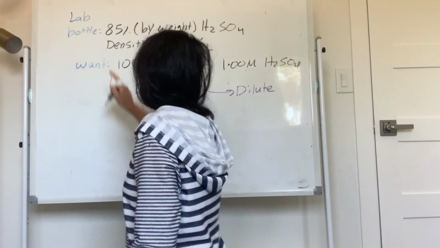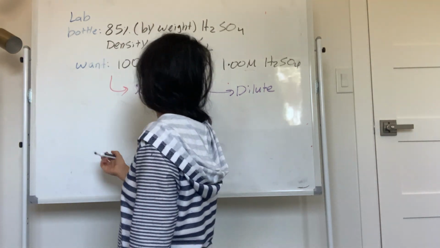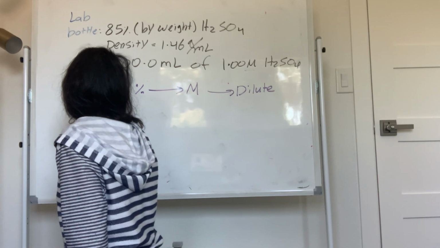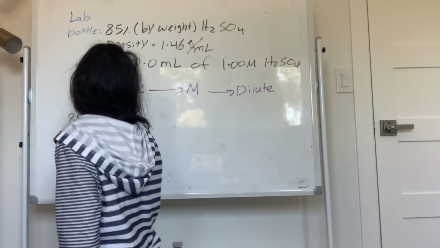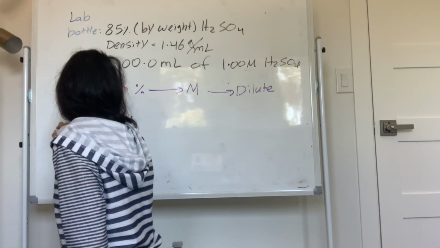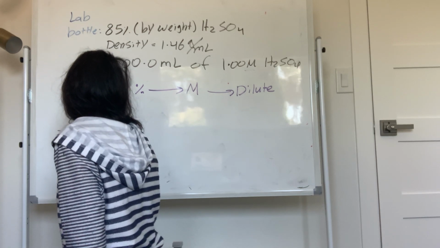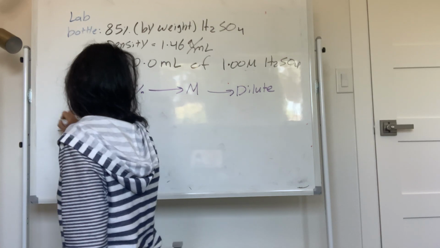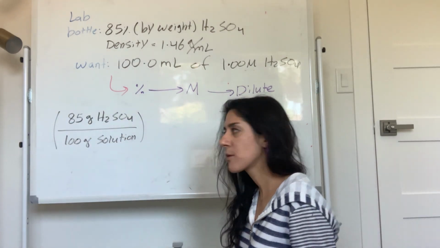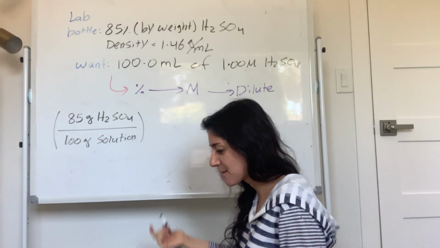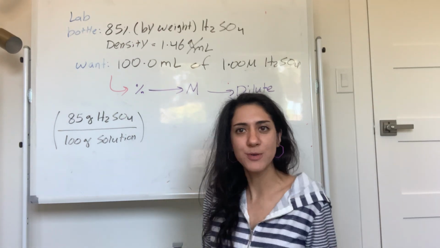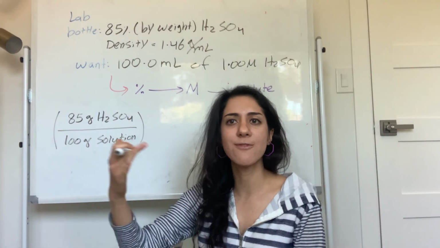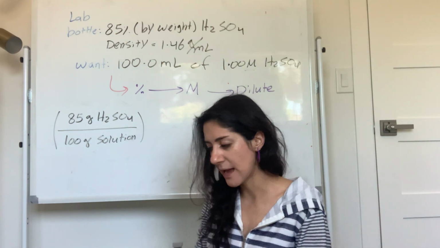If you have 85% by weight, can I say that I have 85 grams of H2SO4 in 100 grams of solution? Why not? I can say that, because 85 divided by 100 would be 85%. So if I have 100 grams of solution, 85 grams of that is going to be sulfuric acid.